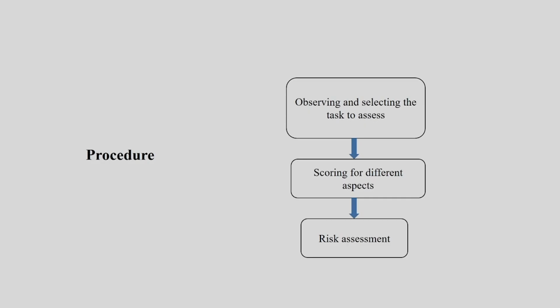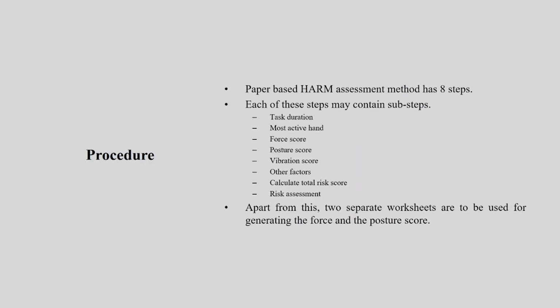You have different factors to consider, as we do in JSI or MFA or RULA. You give the scoring, and once you have the scores, you will do the risk assessment. So, let us go into detail.